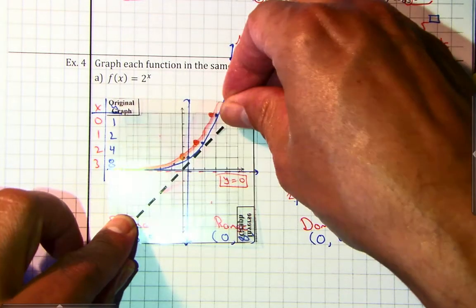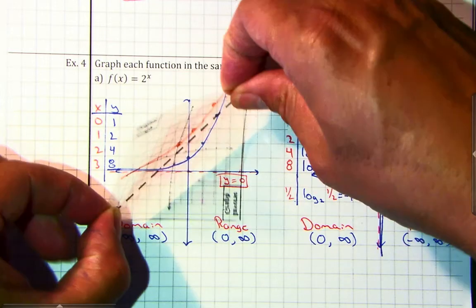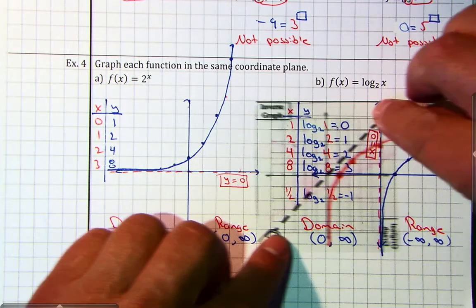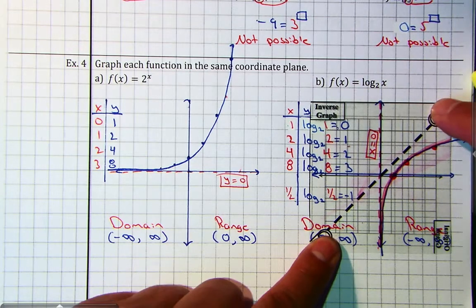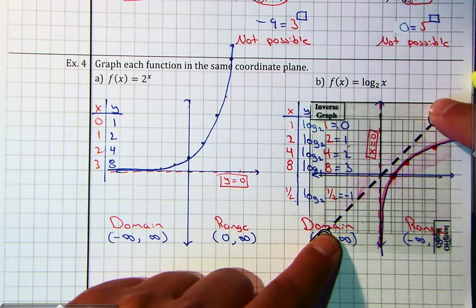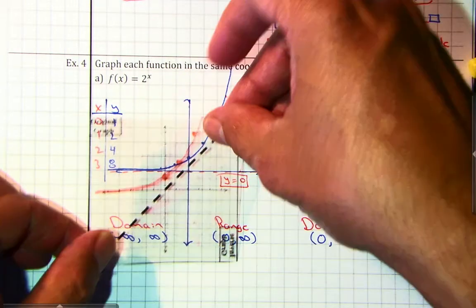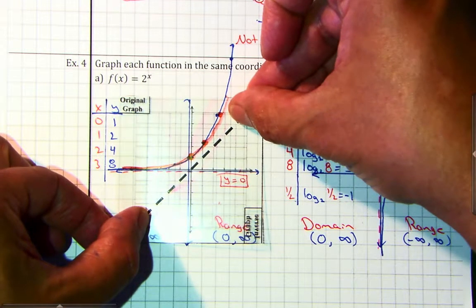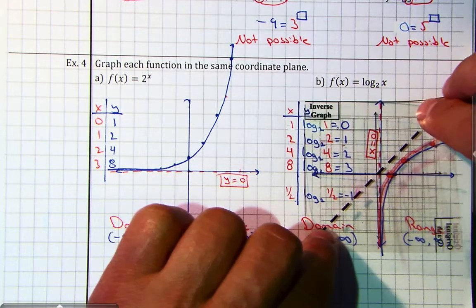Your x's become your y, and your y's become your x. Then that is, voila. Isn't that impressive? Your exponential function is the inverse of your log. Boom.